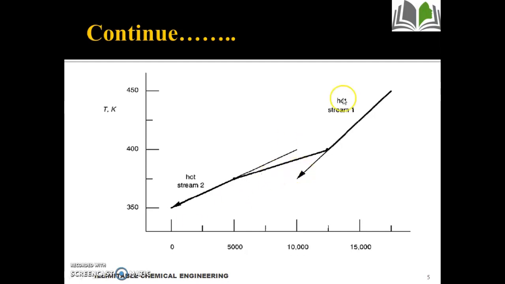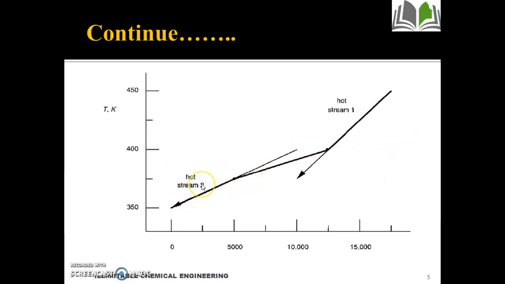Here it is written hot stream 1. This arrow shows this H1 stream. Similarly, for the second stream, FCp into delta T means 200 into 400 minus 350, which gives you 10,000 kilojoule per second delta H, that is hot stream 2.